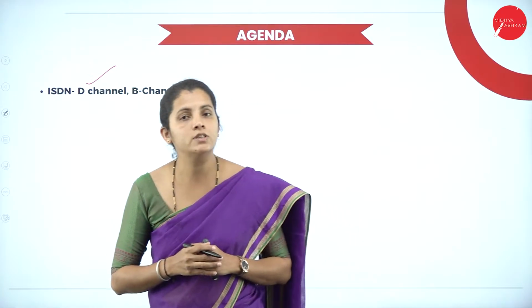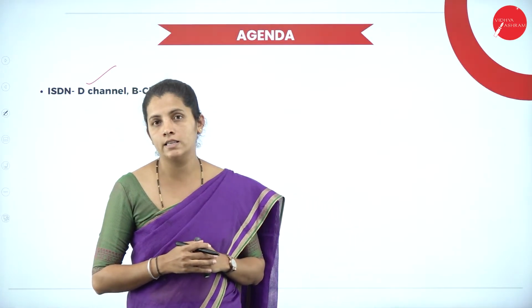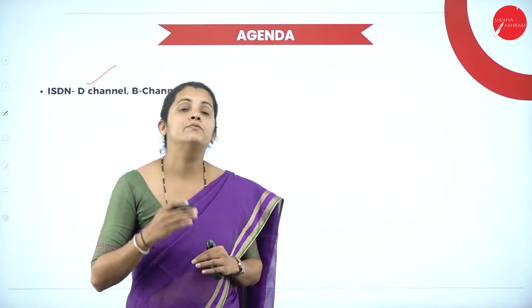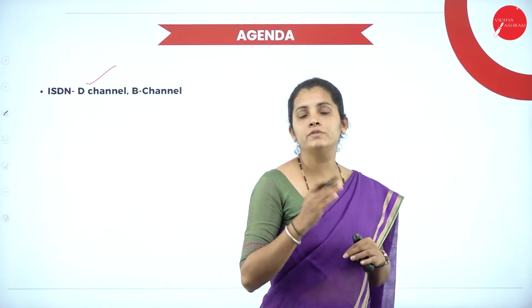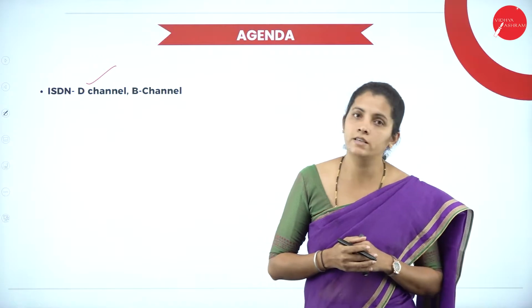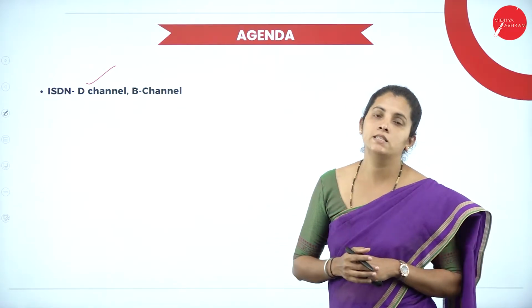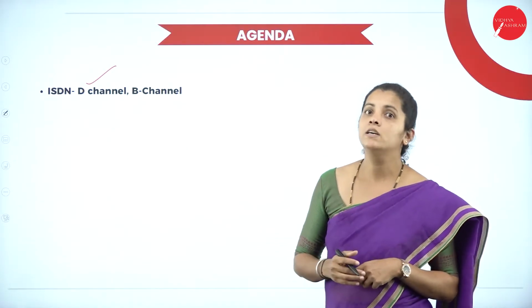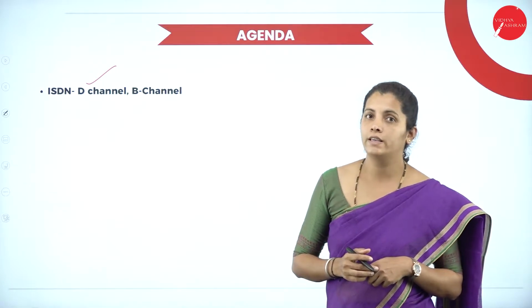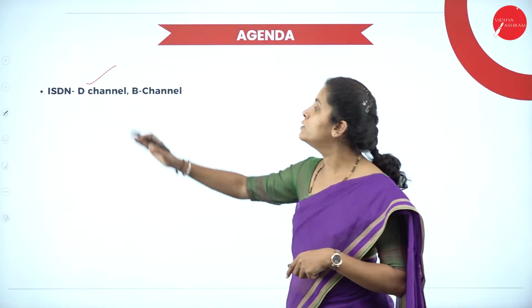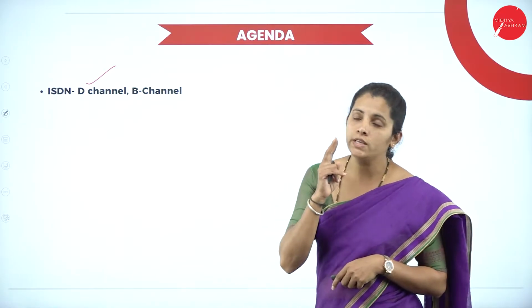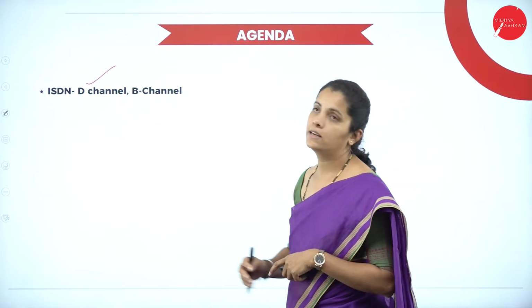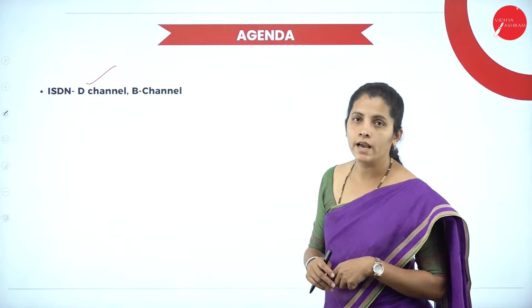In my last session, I discussed what ISDN is, the features of ISDN, and the different types of channels under ISDN. At the same time, I discussed the advantages and disadvantages of ISDN. So in today's session, I'm going to discuss only the two channels called the D channel and B channel.